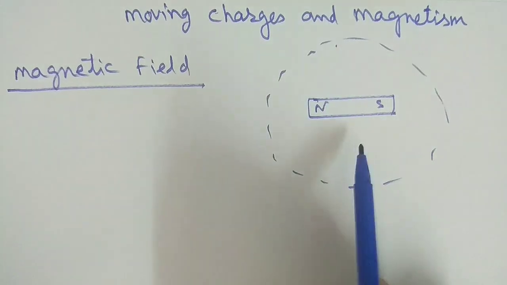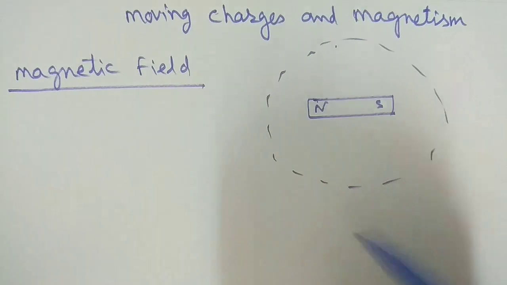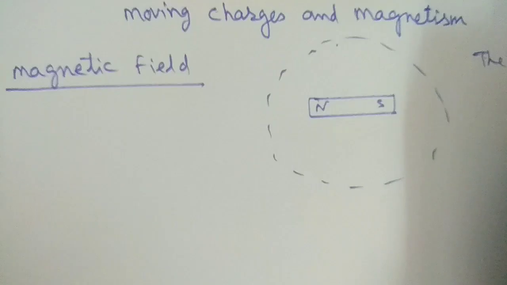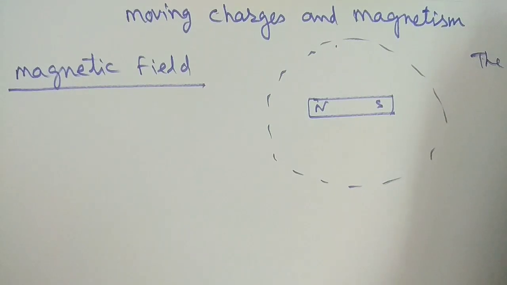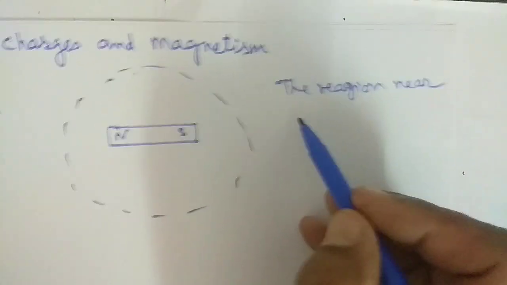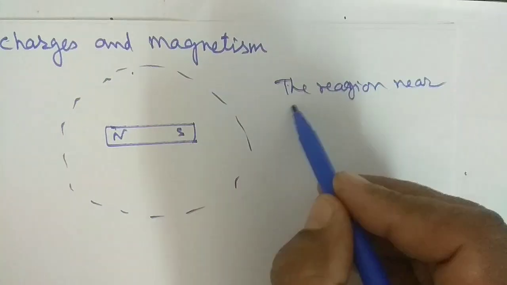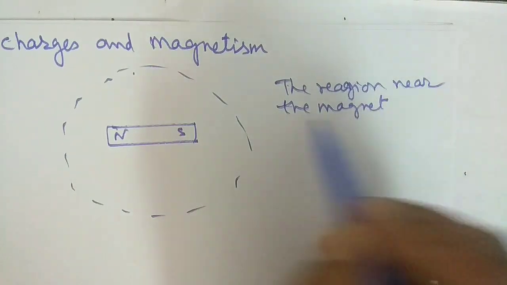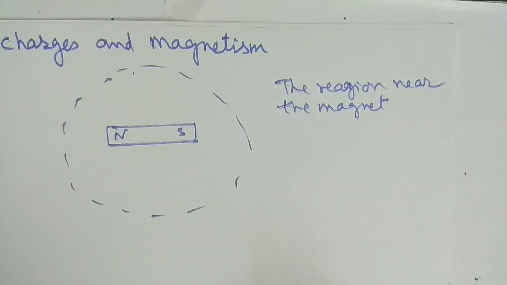Simply we say it is the region near a magnet, the effective region.